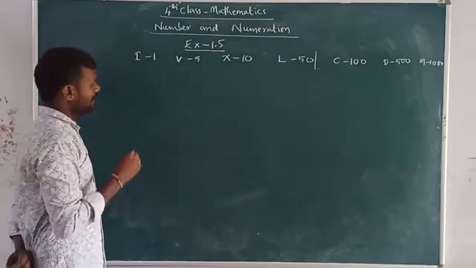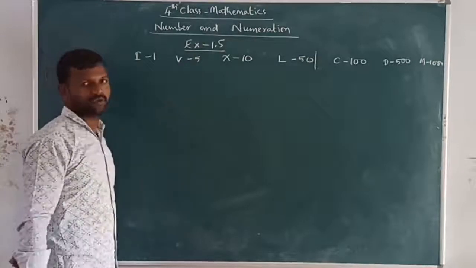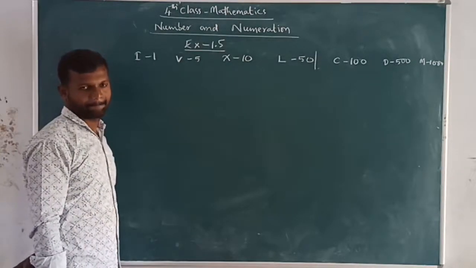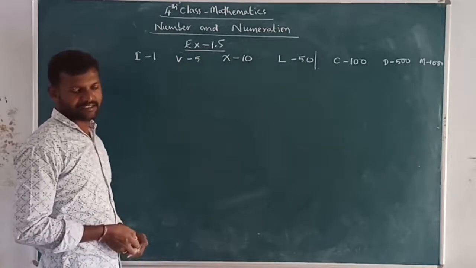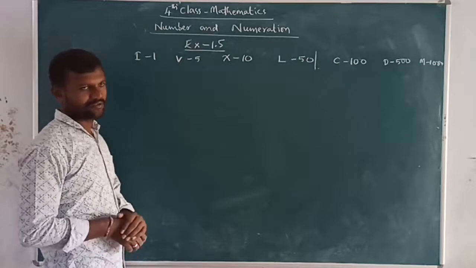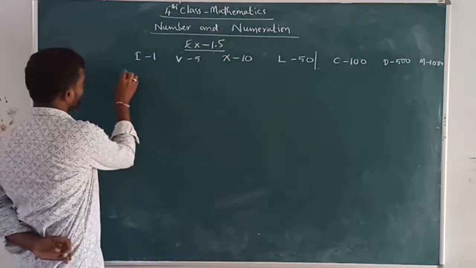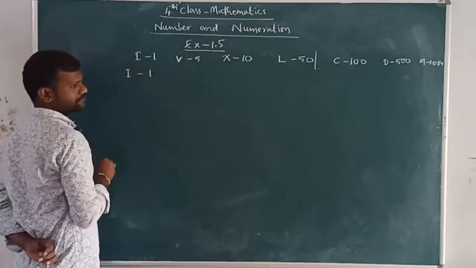Okay. So, what we have to do? From 1 to 50 we have to write in Roman numbers. Already it is there in exercise 1.5. Complete the table. Up to 39 are there, so we have to write them. Already I said 1. This is 1.